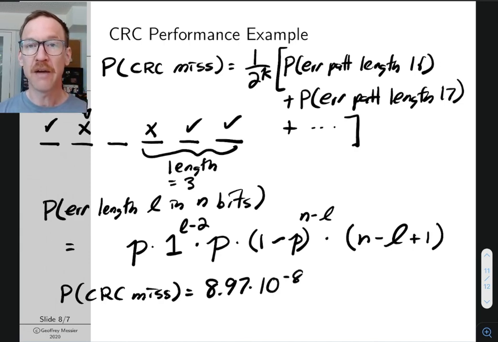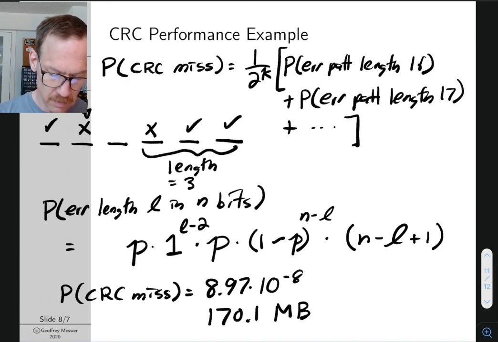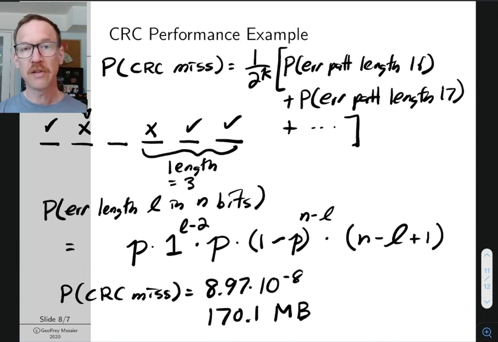And so the average number of megabytes between bad bytes, or bytes that are missed, is equal to 170.1 megabytes. So basically we can transmit 170.1 megabytes before we have a bad byte slip through due to a CRC miss.